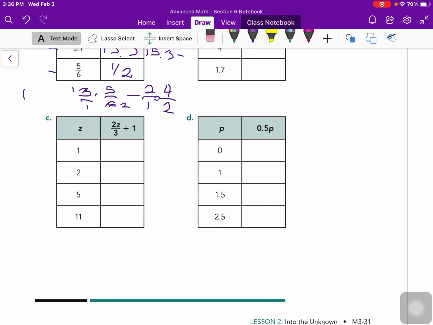All right, so for letter C, if we have evaluated them correctly, we put 1 in for Z. 1 times 2 is 2/3 plus 1.